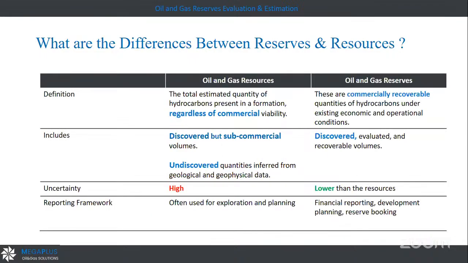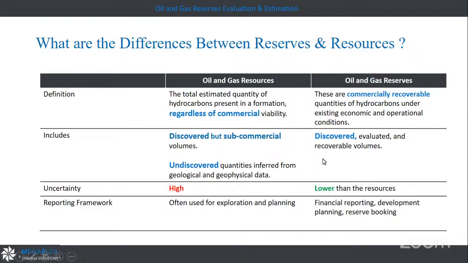So the second question, the differences between reserves and resources, and this is the most important difference to know. When we say regardless of commerciality, we are talking about resources. When we say commercial, we are talking about reserves. When we include discovered but sub-commercial, or undiscovered, it's resources, not discovered, or discovered and not commercial until now.